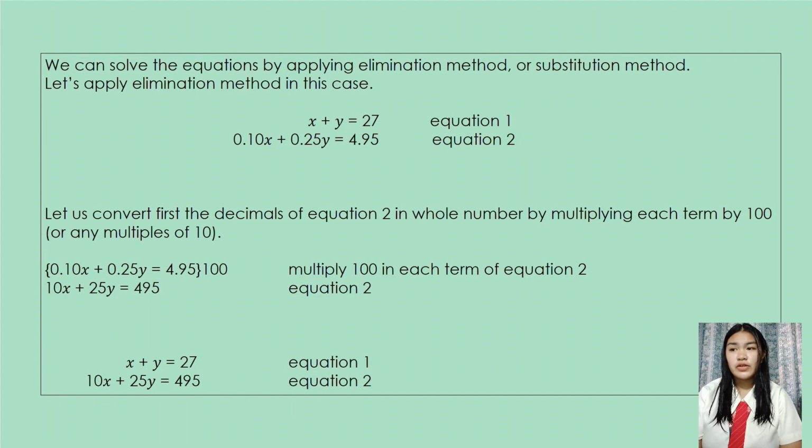Let us first convert the decimals of equation 2 into whole numbers by multiplying each term by 100 or any multiple of 10. So we will multiply each term of equation 2, which results in 10x plus 25y is equal to 495, which is now our equation 2.